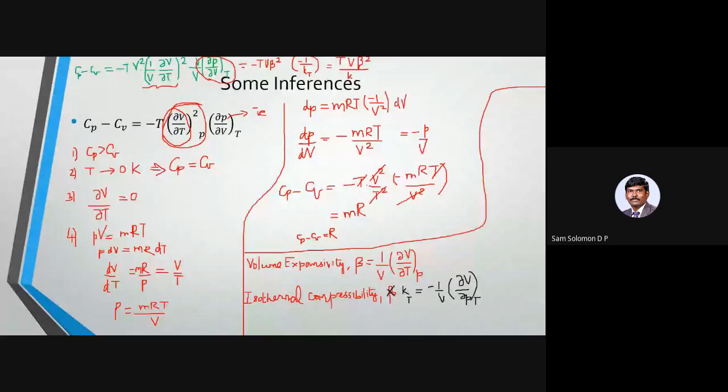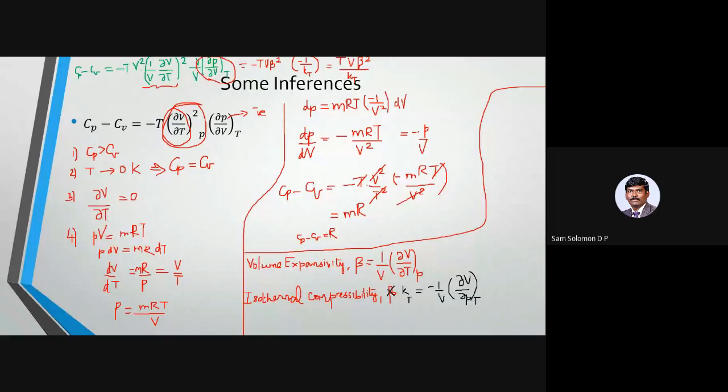We are not studying the significance of this, but sometimes they ask you to prove this. Maybe for an 11-mark question, they ask you to start from the TdS equation. So starting from TdS equations, prove Cp minus Cv is equal to TV beta squared by Kt. If they are asking you to prove this, then these are the steps by which you can get here.